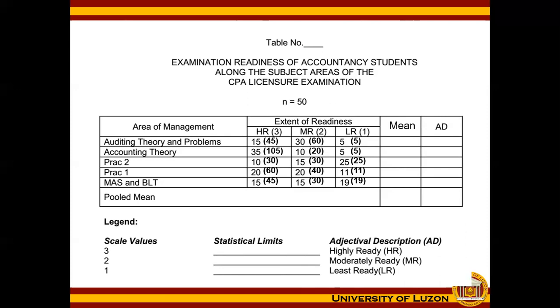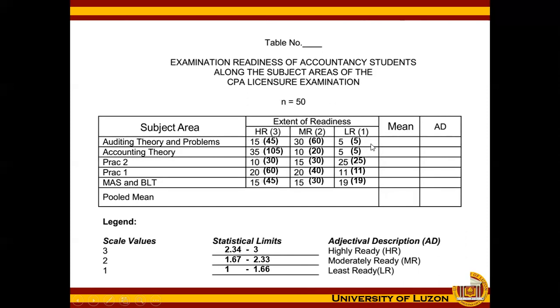For example, we sum up the products: 45 plus 60 plus 5 gives us 110, divided by 15 plus 30 plus 5, which is 50. So 110 divided by 50. So that's how we have computed the mean.